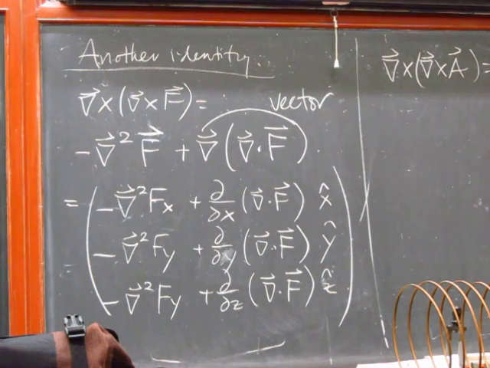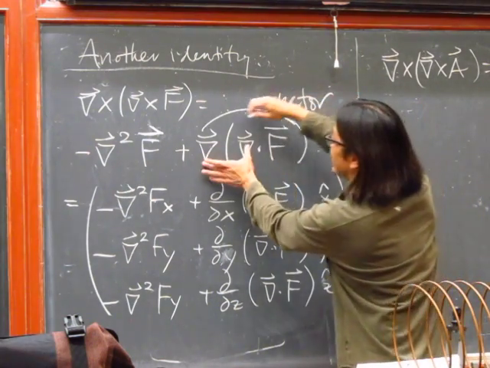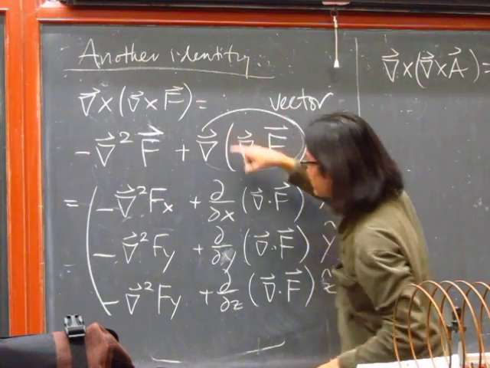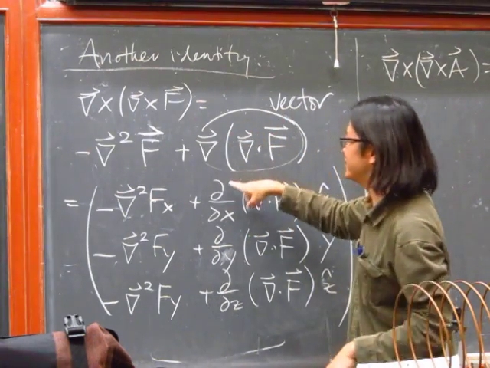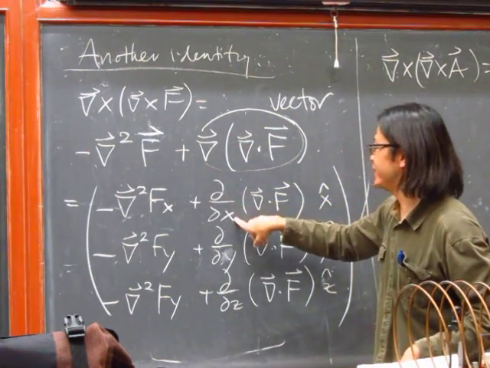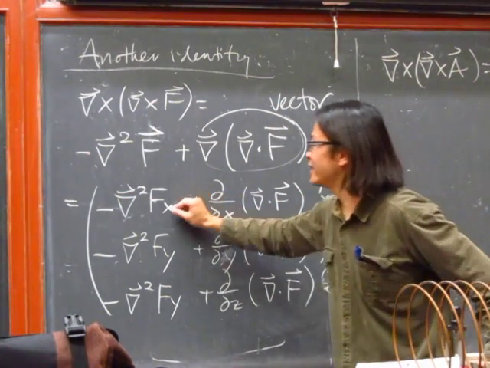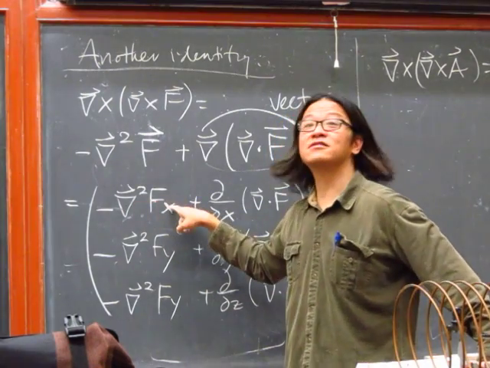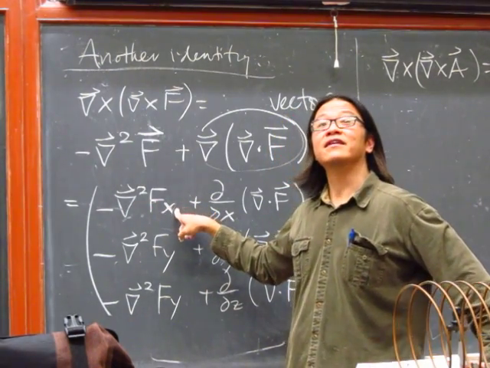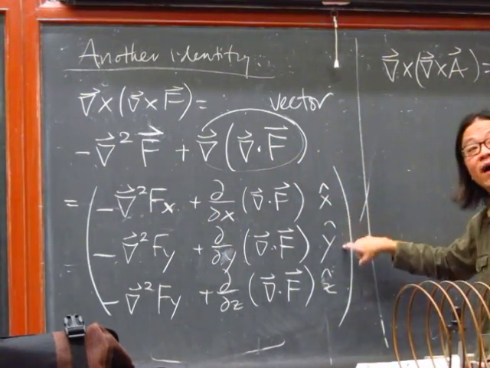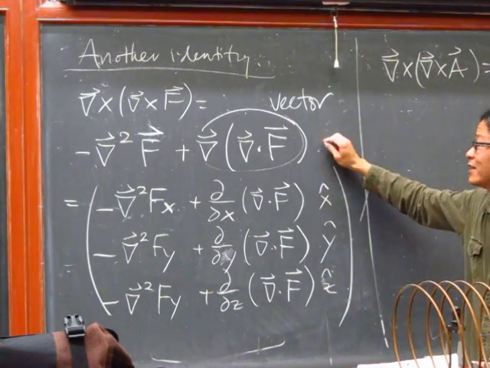No, here this is a vector. This has component d/dx in the x direction, the gradient with respect to x of a divergence. And here, this is the x component of the Laplacian of fx. Then this is the x component, y component, and z component. This gives me a vector again.